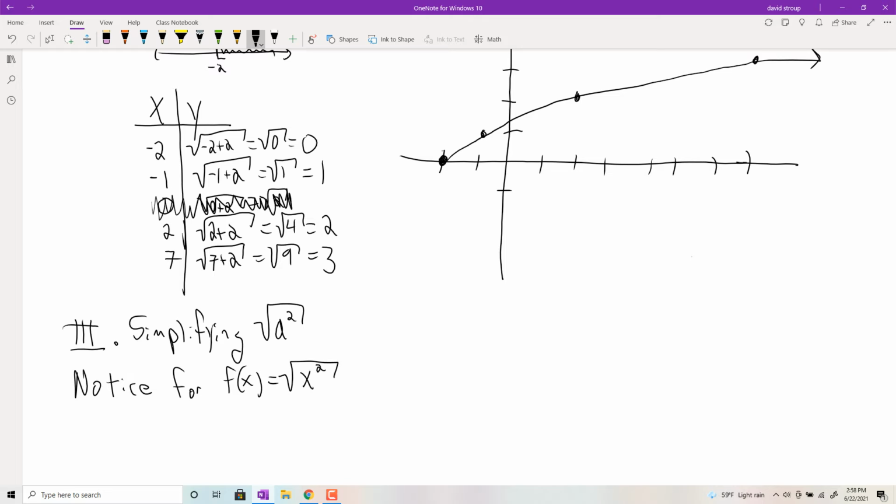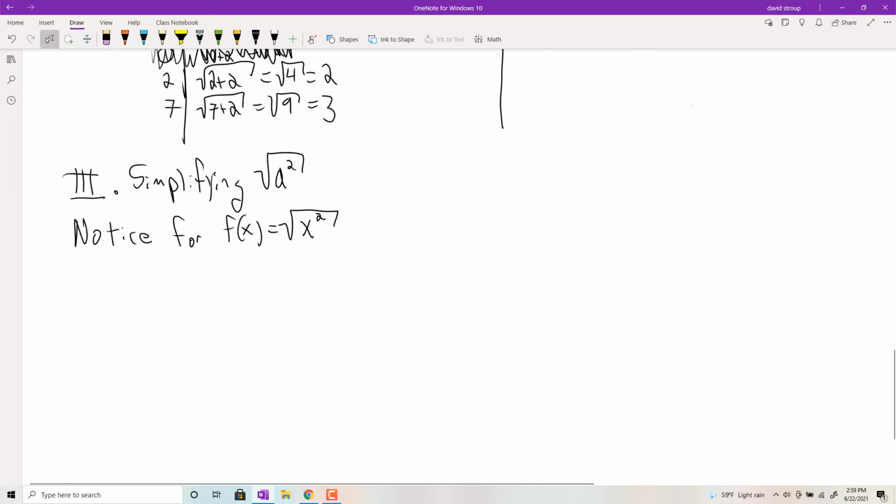I like to challenge people with it. What is the square root of x squared? And people will always think that it's just x. But it's not, and we have a flavor for that because of this principal square root issue.